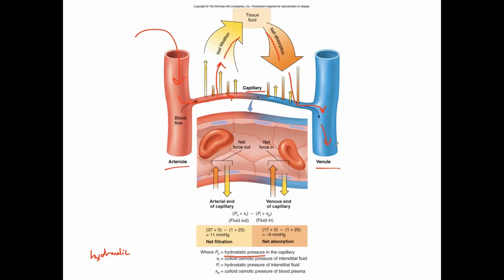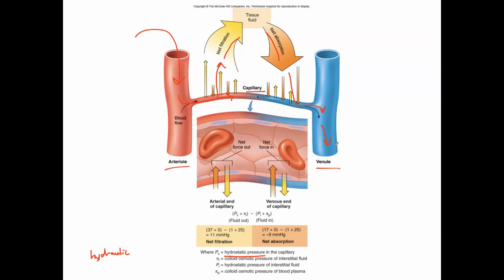So we need to have these capillary dynamics take place. We need to see a net filtration followed by a net absorption. So there's essentially this transition of fluid movement where fluid is moving out on the arterial side and then it's coming in on the venule side.